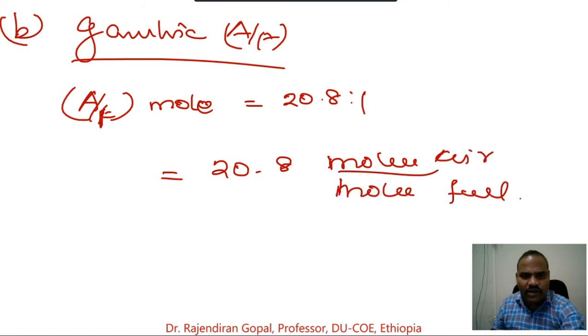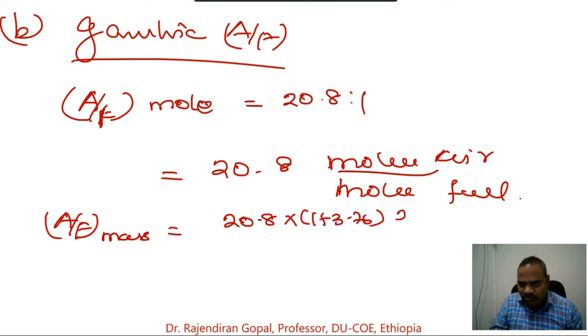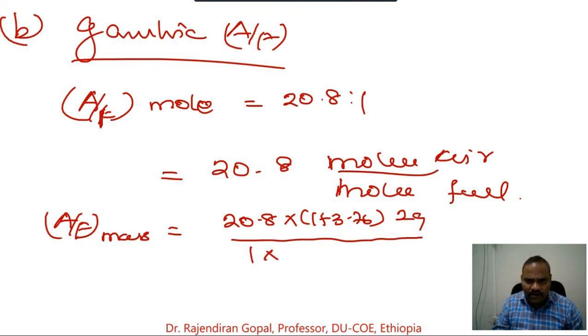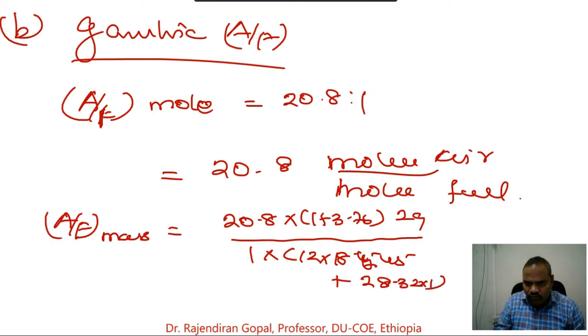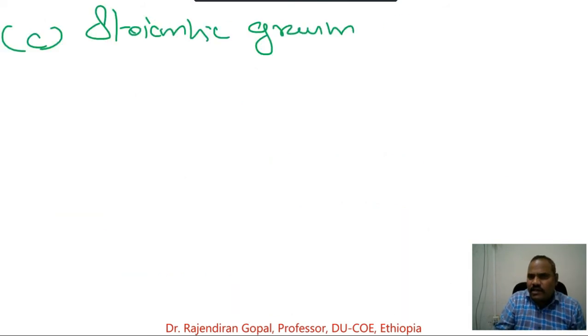So here the air fuel ratio on mass basis, or gravimetric basis, is equal to 20.8 multiplied by (1 plus 3.76) multiplied by 29, the molecular weight of air, over 1 mole of fuel, that fuel is equal to 12 into 18.545 plus 28.32 multiplied by 1. We get 11.44 kg of air per kg of fuel. This is answer B.